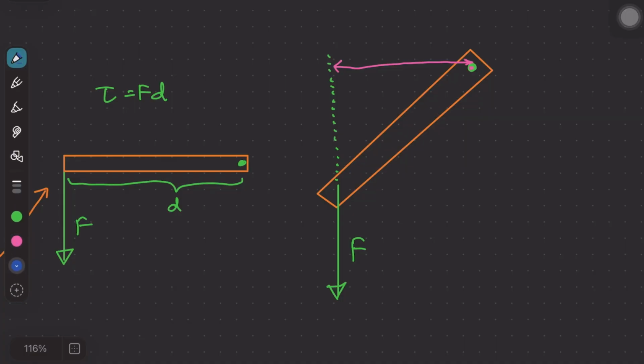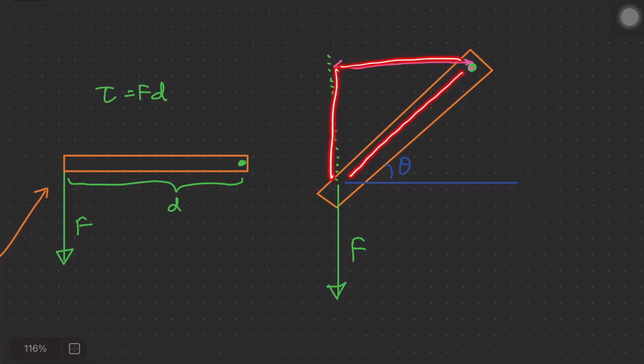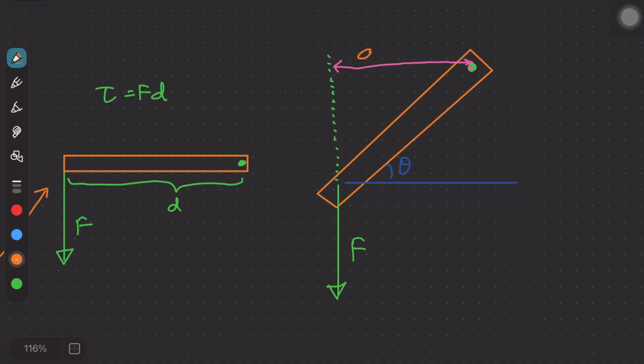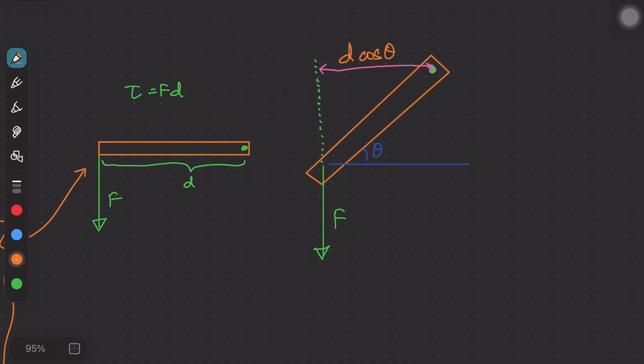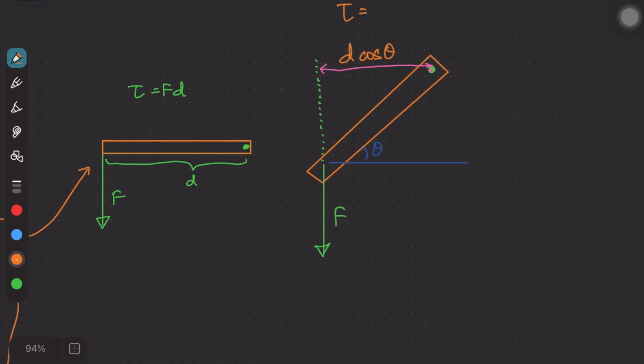In this particular case, let's say that this stick is angled away from the horizontal by theta. Then we can resolve this distance into the vertical and the horizontal component, and this pink component that is perpendicular to the line of action is given by d cosine theta. So tau in this case, the moment, is equal to F d cosine theta.